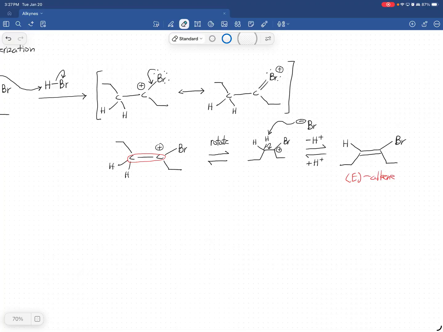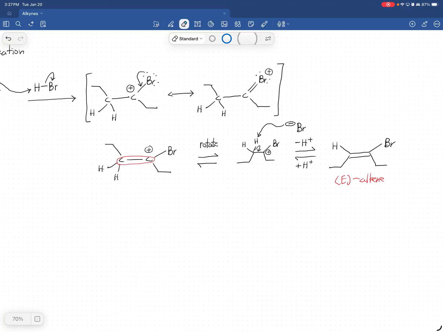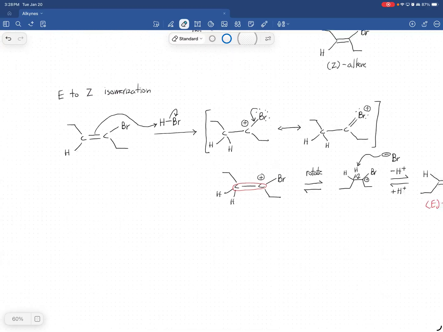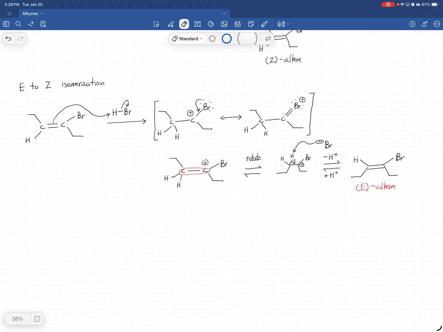All right. So you notice here we stopped at the alkene, but what if we use excess HBr? Well, then you can actually react it even further. So let's go to excess HBr now.